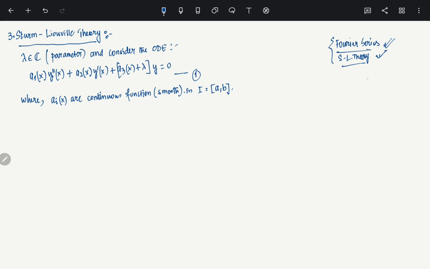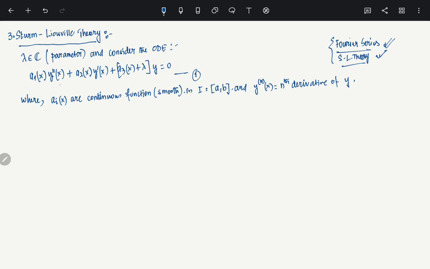In real problems, [a,b] will generally look like [0,1], or [0,pi], or [-pi,pi], this sort of thing. It depends, but basically we are working with a closed and bounded set I. So we have smooth functions on this interval I, these are the a_i's. About the notation I am using, y double prime, y prime: y^(n)(x) is the nth derivative of the function y.